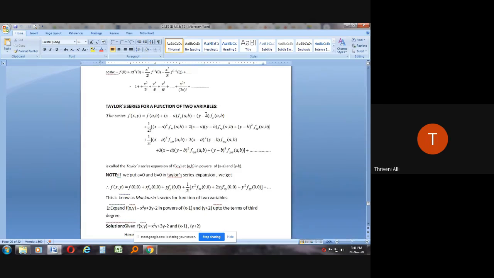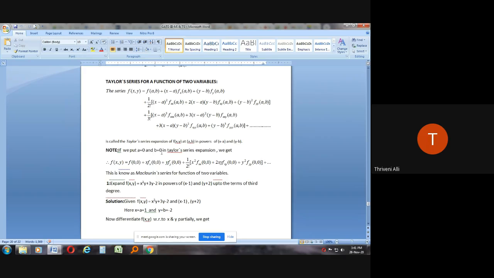Whereas in a function of two variables, about x equal to a, y equal to b means it is the Taylor series, and if we put a equal to 0, b equal to 0 in the Taylor series, we directly get the Maclaurin series.